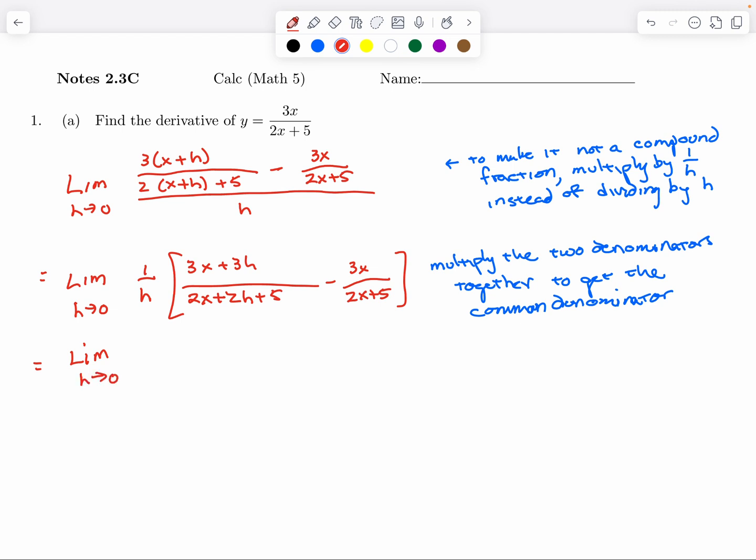You just have to multiply them together. So we multiply the first fraction by the other denominator, and the second fraction times the first denominator.